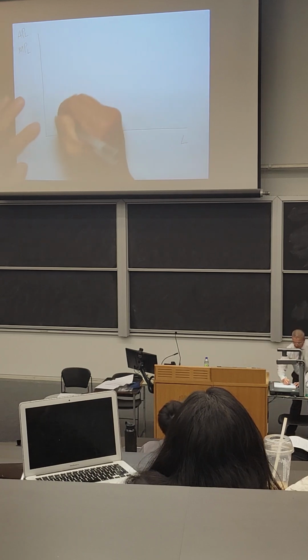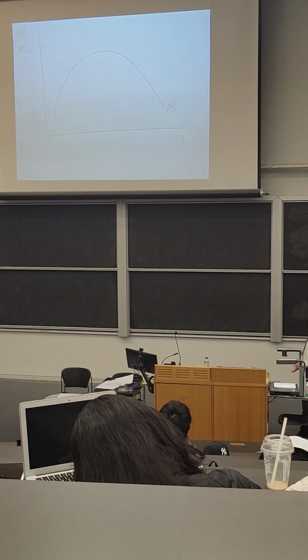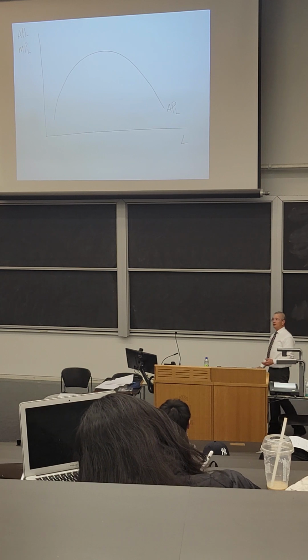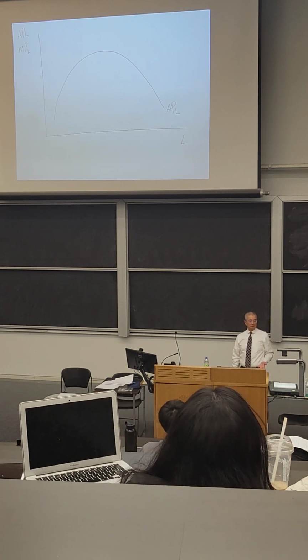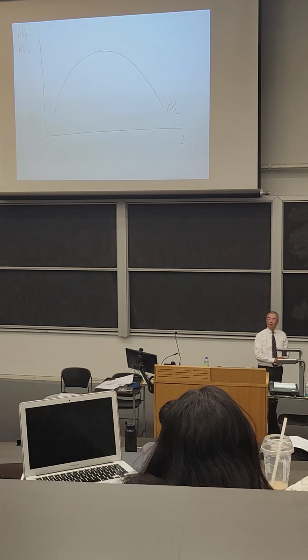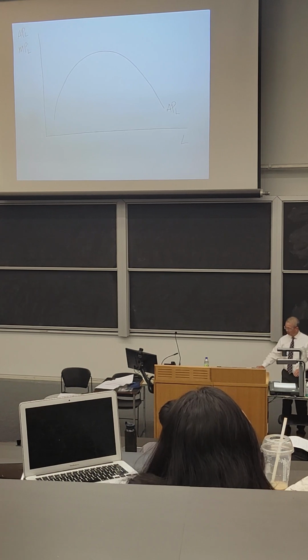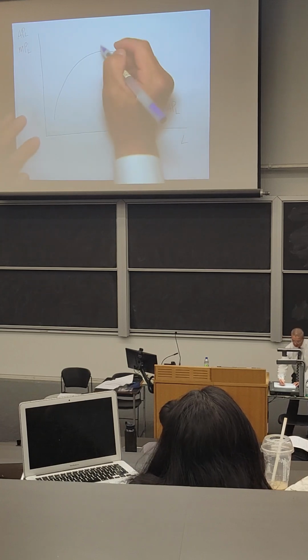So let's put the average product of labor curve down first. And then we ask, if we're going to put the marginal product of labor, where will it sit relative to the average product of labor curve? And what do we see in here?